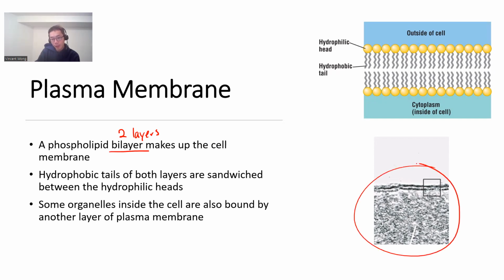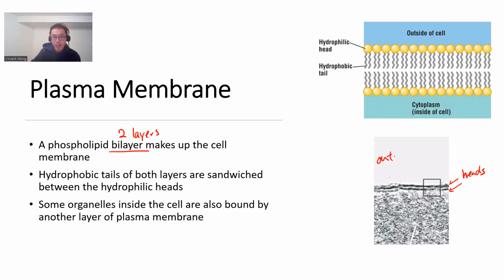This is an actual picture of the cell membrane using one of those expensive microscopes. You can see the 2 black lines here. Right? The black lines, those are actually the hydrophilic heads. And the little grayscale-looking thing in between, the little gap between the 2 black lines, that's where the tails are.